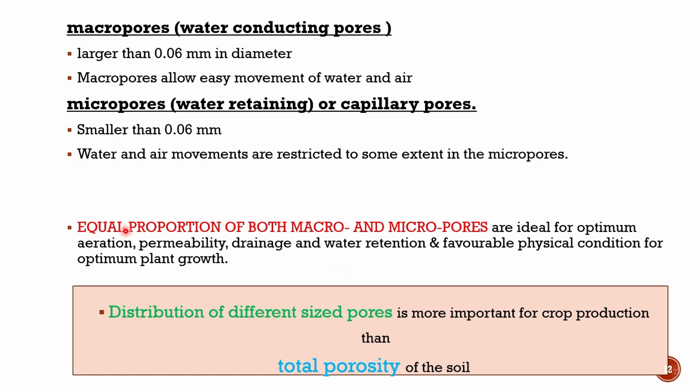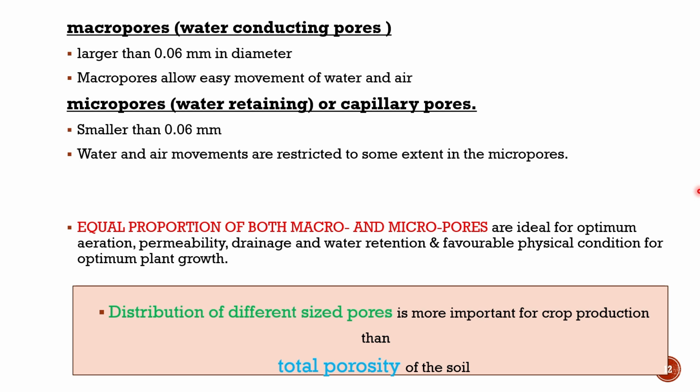If there is equal distribution of macro and micropores, it is ideal. But if there is more macropore, what happens? Nutrients and water will not be retained. Plants will not get that. If there is more micropore, waterlogging will be there. Water submerged conditions will be there. That is a point you have to understand.